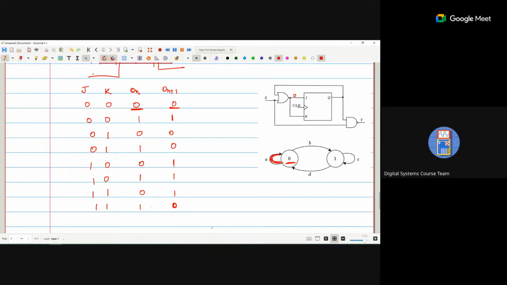If both are 0, that means in the OR gate this will be 0 and this will be 0. So we know X is 0. Okay, clear? Now what is Y? If X is 0, it goes 0 here, Q is also 0, so it is 0 0 0, we are getting a 1. Clear?